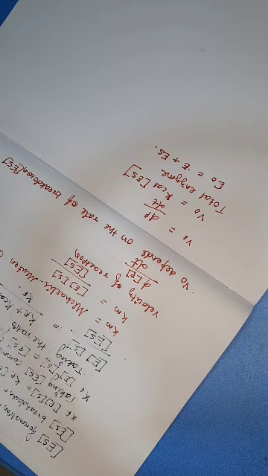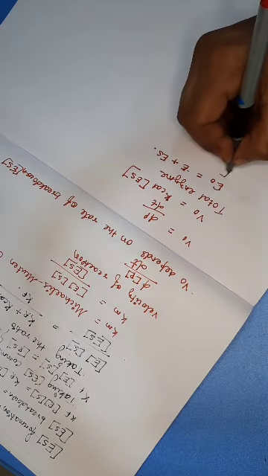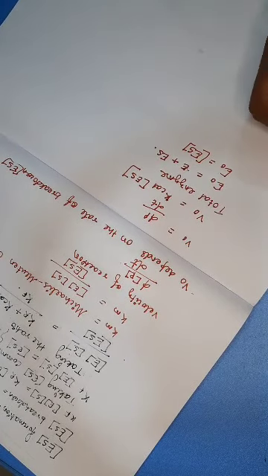When all enzymes are bound to their substrates, suppose there were 50 enzymes and now they are all bound to the substrate, there will be no free enzymes left. So E0 will be only the concentration of the bound enzymes.